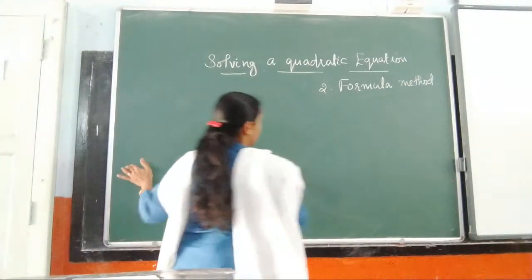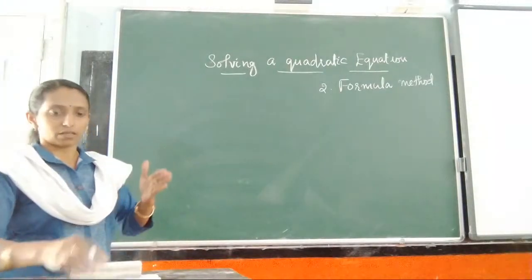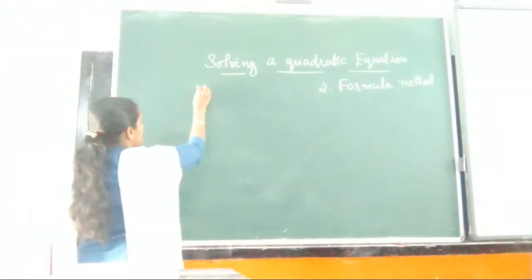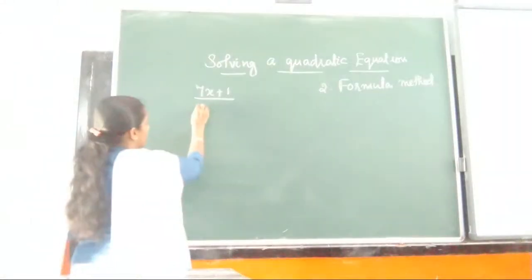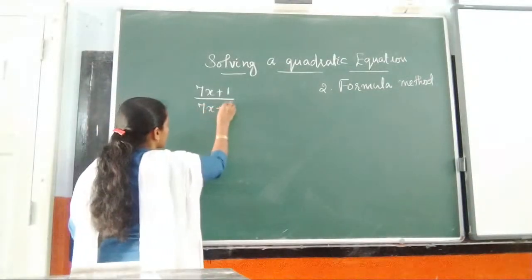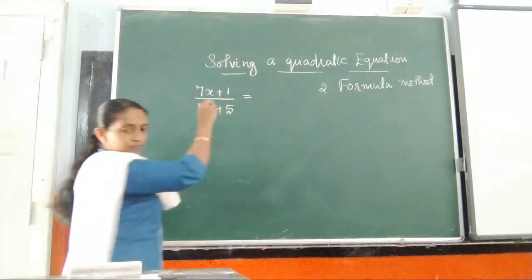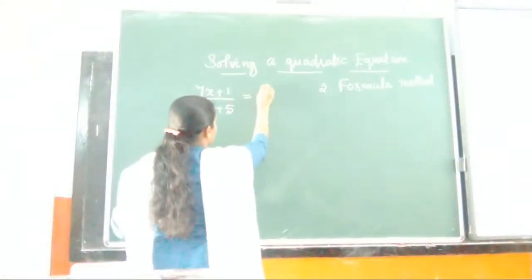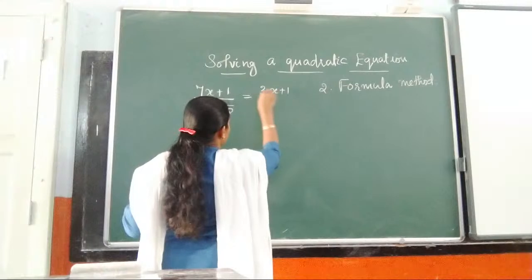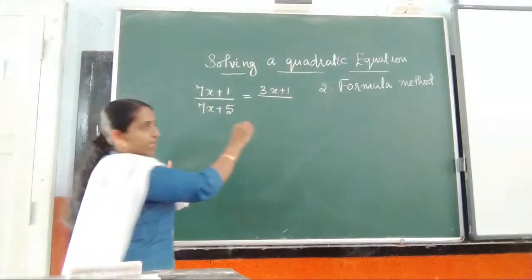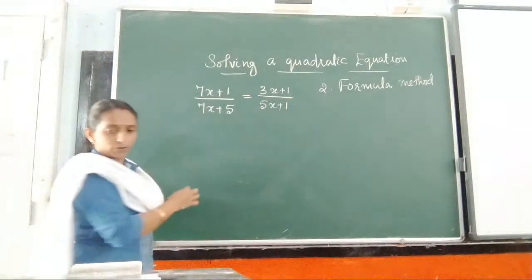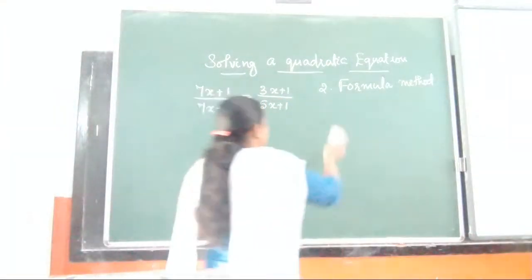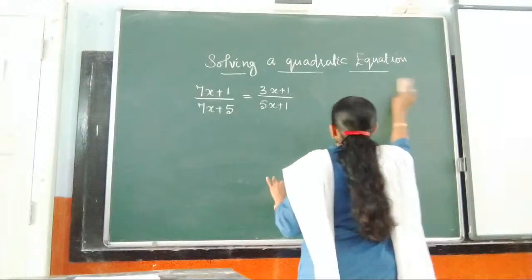Okay. So if you are given a question: 7x plus 1 upon 7x plus 5 equal to 3x plus 1 upon 5x plus 1. As you can see here, it is not given in the standard form.